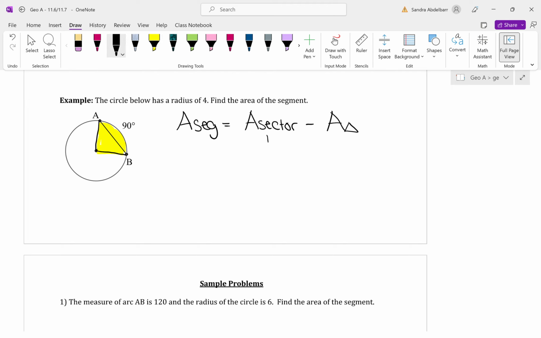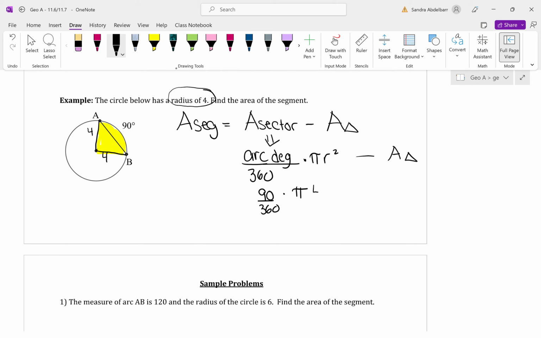All right, so now we want the area of the sector. Remember, the area of the sector is arc degree over 360 times pi r squared. Well, our arc degree is 90, so 90 over 360 times pi. Did they tell us what the radius is? Yeah, they told us the radius is 4.